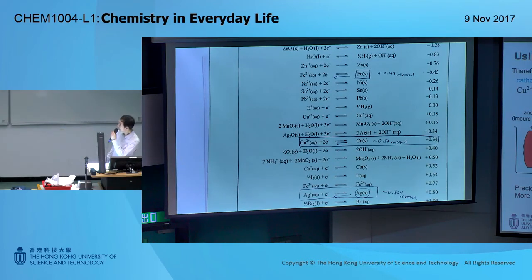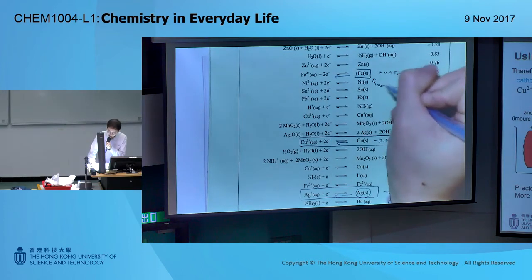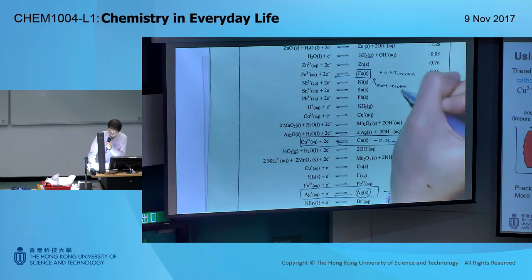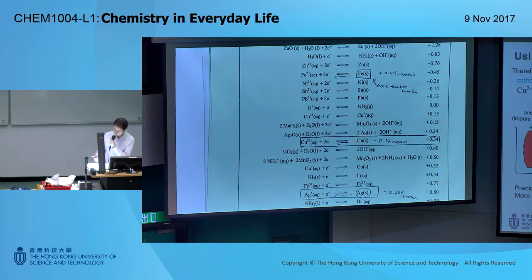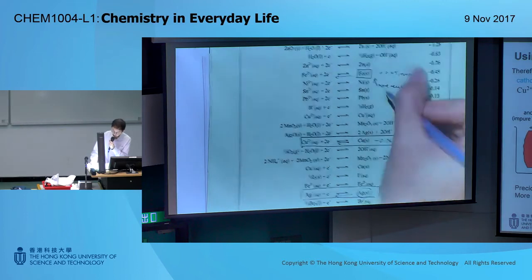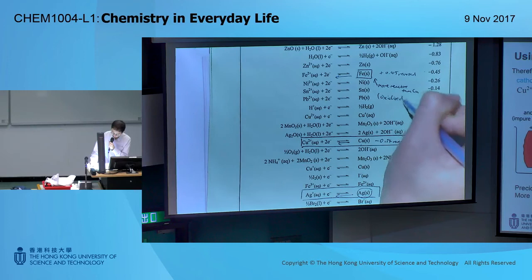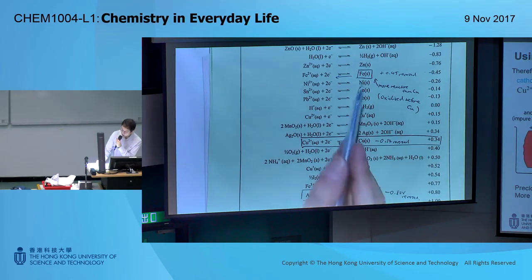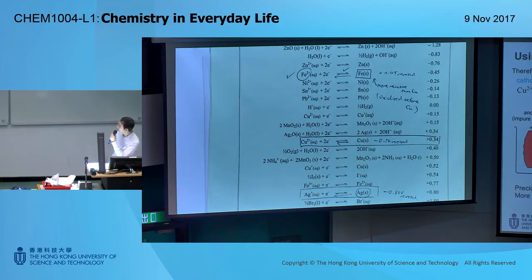So you can see that the more reactive metal, so iron is the more reactive one, will actually go back to solution before the copper. So this will actually oxidize. So in fact, we will dissolve the iron into Fe2 plus. This will take place.